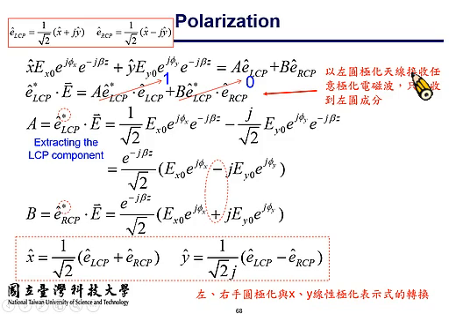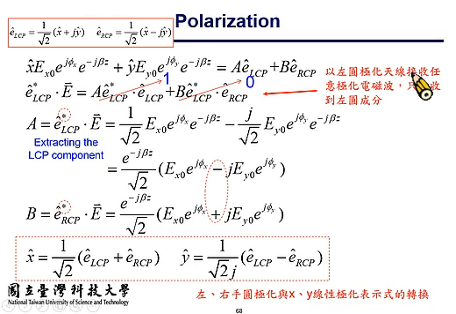Okay, if the LCP pattern looks like this, do you have RCP? Do you have a circular polarized antenna? No. If the magnitude of RCP pattern and LCP pattern are about the same, you are actually designing a linearly polarized antenna.